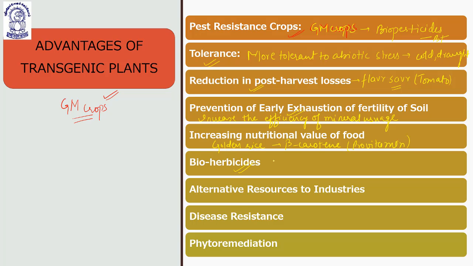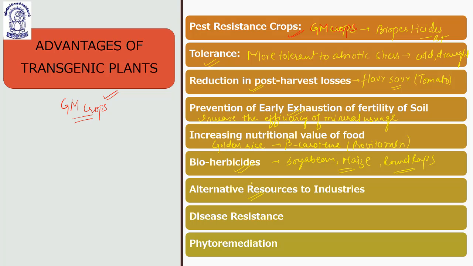Production of bioherbicides, with the help of transgenic soybean and maize, like Roundup Ready, bioherbicides.